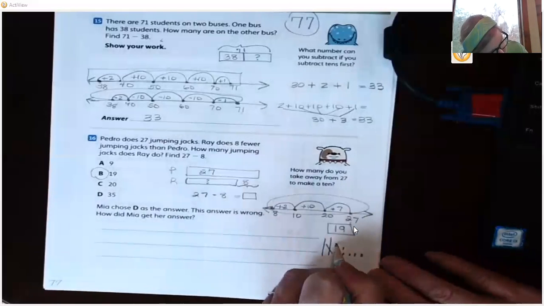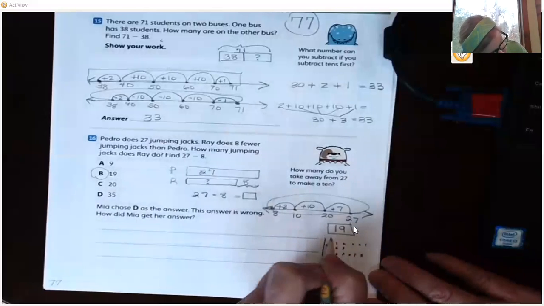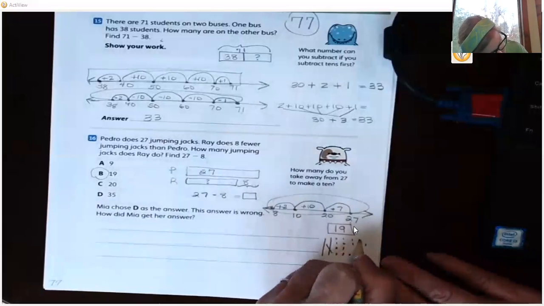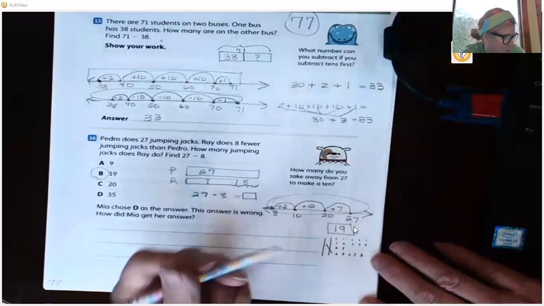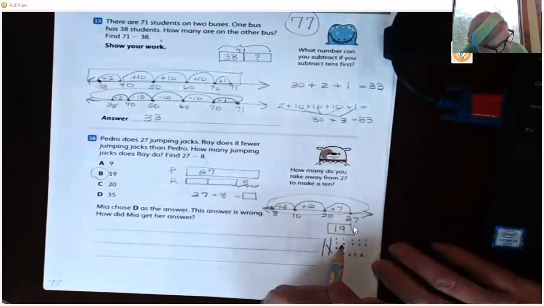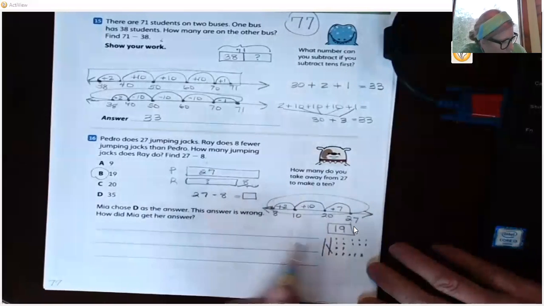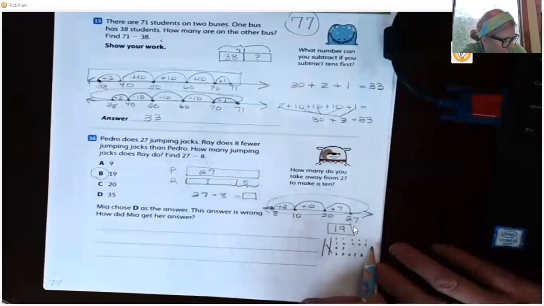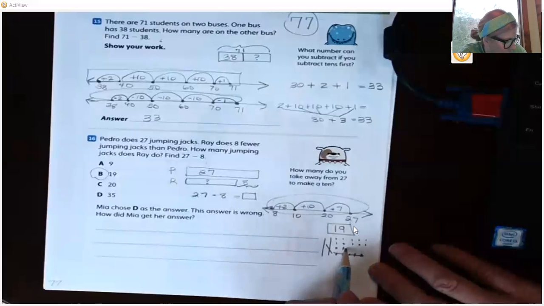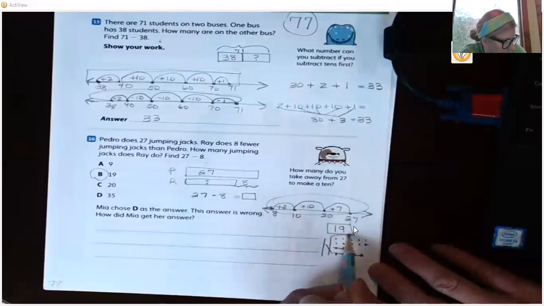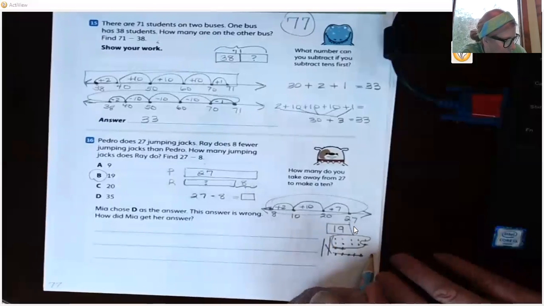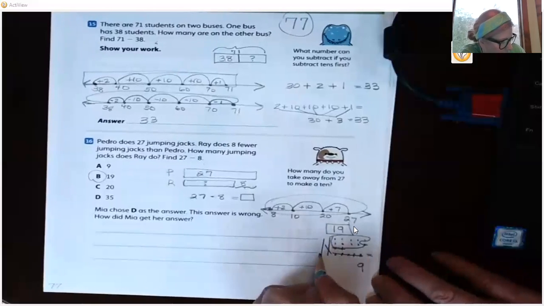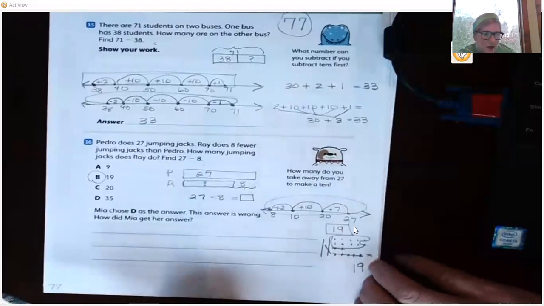We're going to turn it into 1, 2, 3, 4, 5, 6, 7, 8, 9, 10. Not quite lined up. So now we have enough to take away 8. We're going to take away 5, 6, 7, 8. And we have 9 left. And 1 ten. So 19.